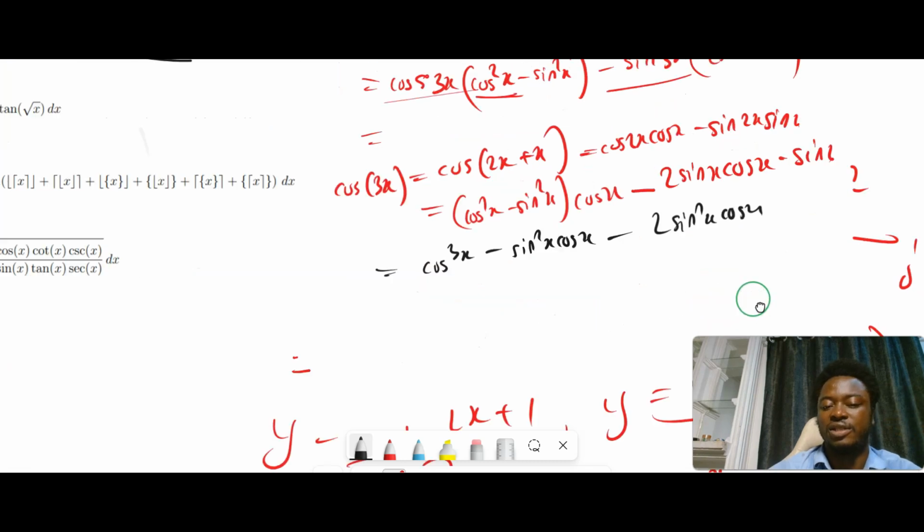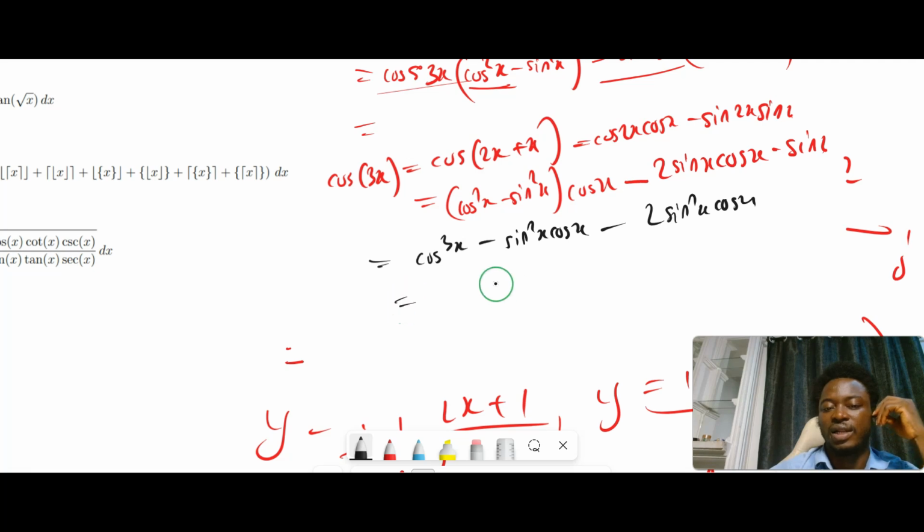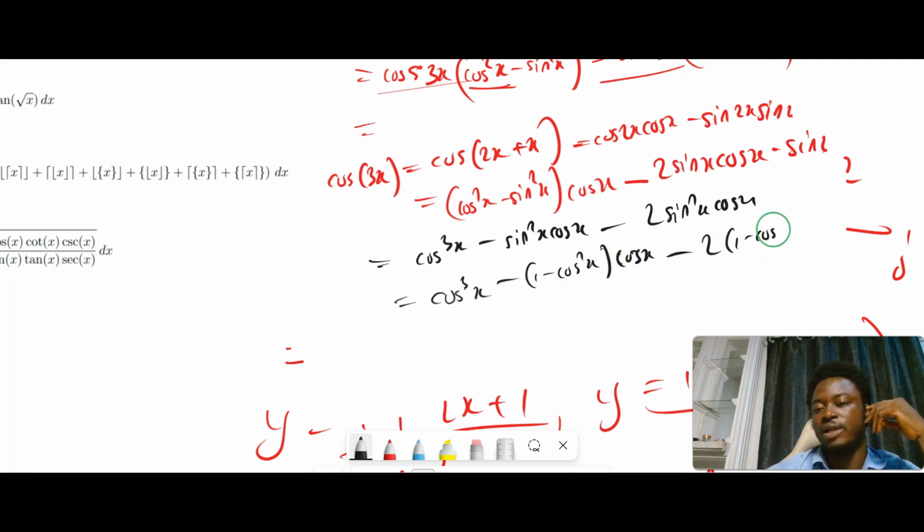Now I'll just arrange it in terms of cosine only. So this is cosine cube x minus, so you have a sine squared, that is 1 minus cosine squared x times cosine of x, minus 2 times 1 minus cosine squared x times cosine of x.